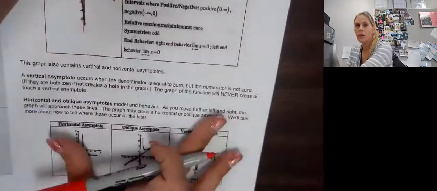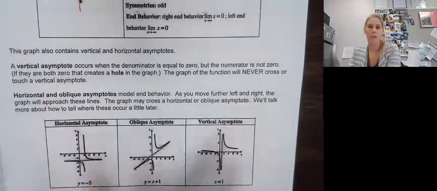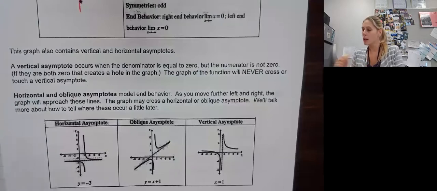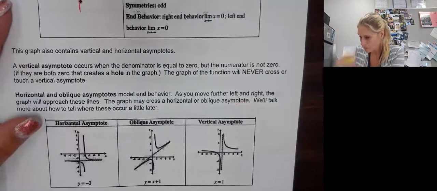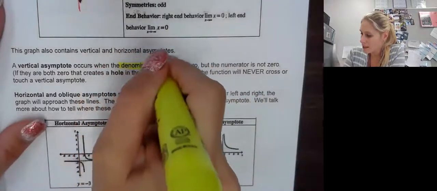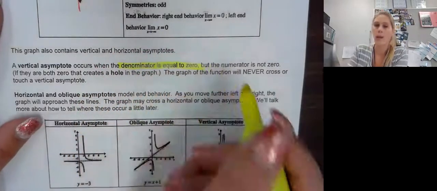So, vertical asymptotes. Where do they come from? Well, vertical asymptotes talk about what can't happen in the denominator. For a vertical asymptote, we set the denominator equal to 0 and we solve.